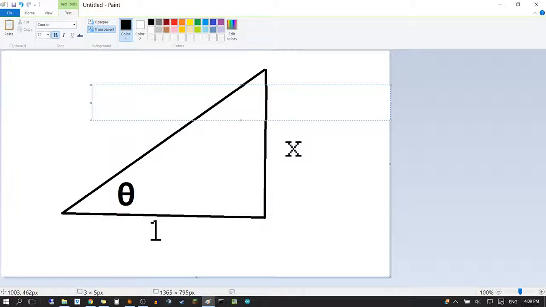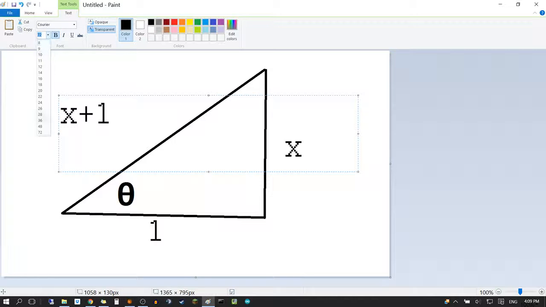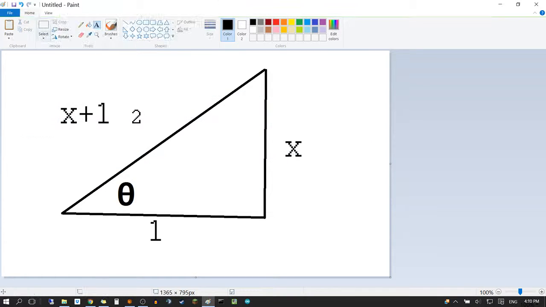The Pythagorean theorem says the hypotenuse is equal to the square root of the sum of the squares of our other two sides. Now, the square of 1 is just 1, and the square of x is x squared. So this shouldn't be too hard for us to compute.